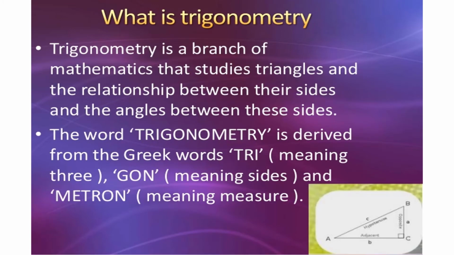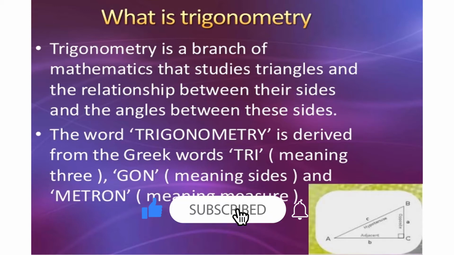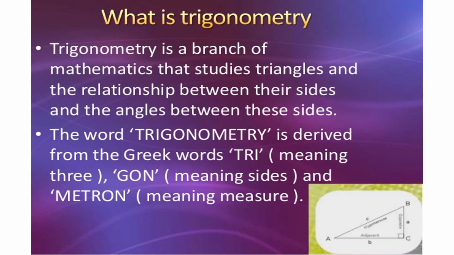What is trigonometry? Trigonometry is a branch of mathematics that studies triangles and the relationship between their sides and the angles between these sides. The word trigonometry is derived from the Greek words tri meaning three, gon meaning sides, and metron meaning measure.